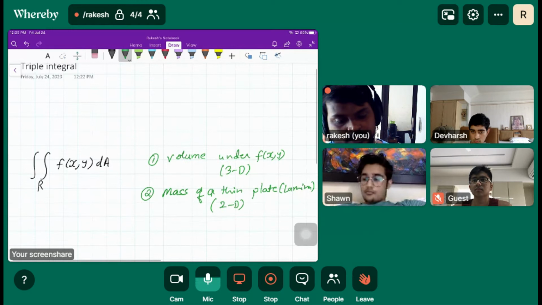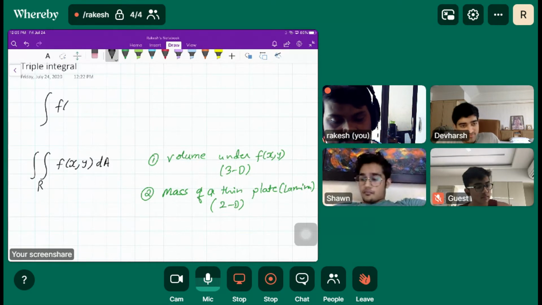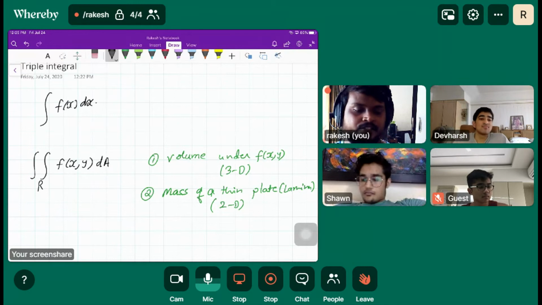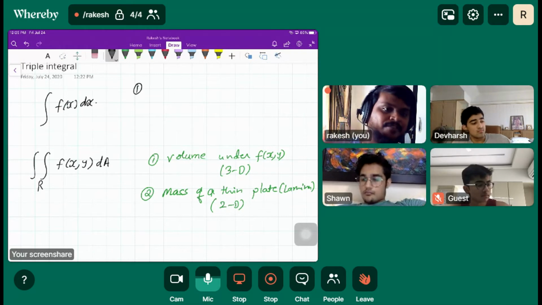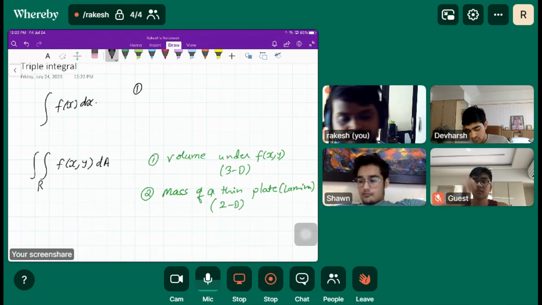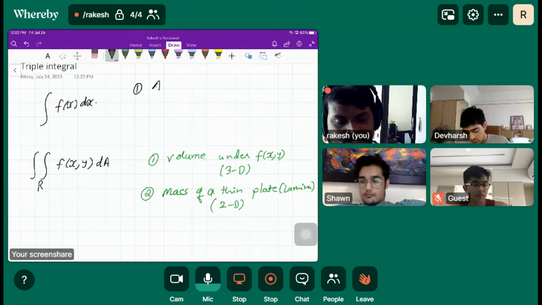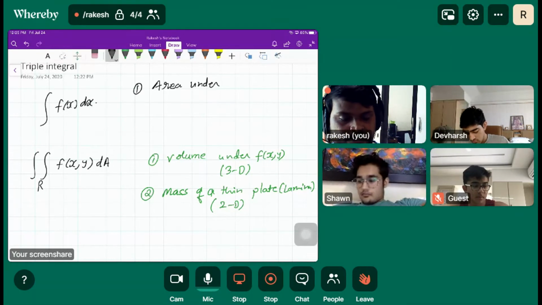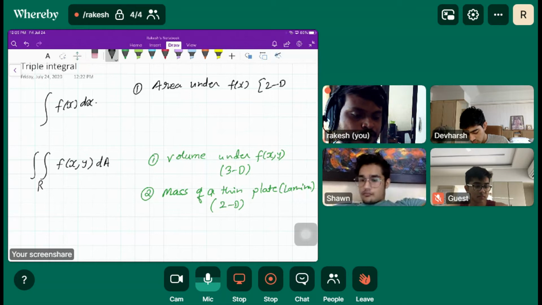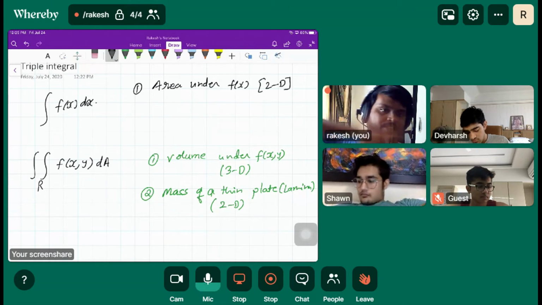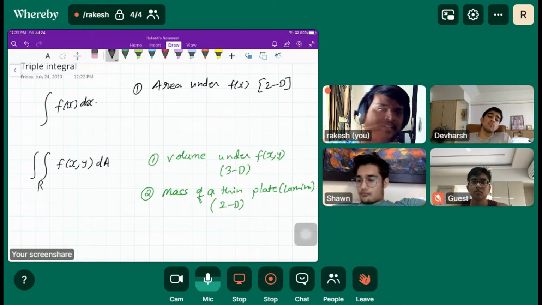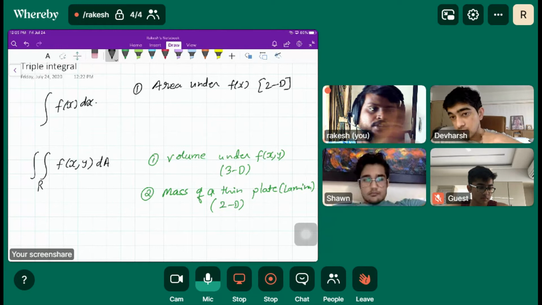Now, what was the single integration? The first idea was that it can find the area under the curve, the area under f of x, and the idea behind this was 2D, which can be interpreted on the XY plane.